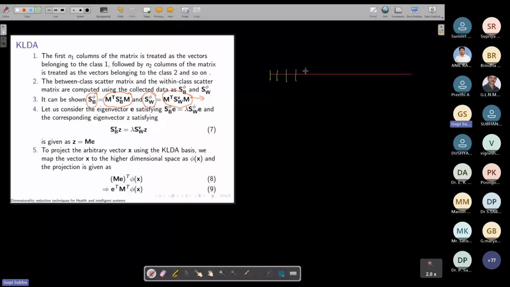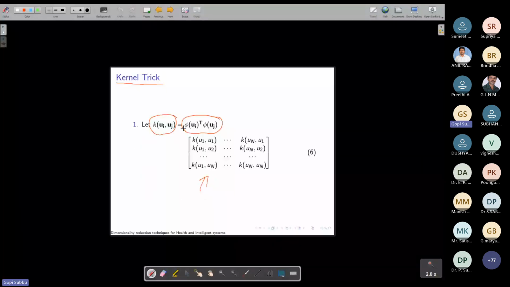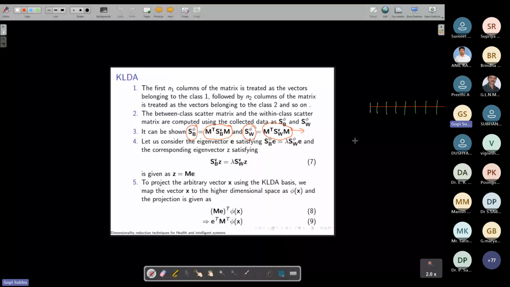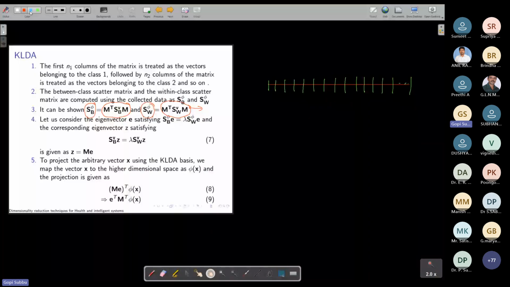This is the matrix I am talking about. It depends upon the number of classes you group them into, and the number of vectors originally present in each class. Say, for example, 3 classes: n1 vectors in class 1, n2 vectors in class 2, n3 vectors in class 3.